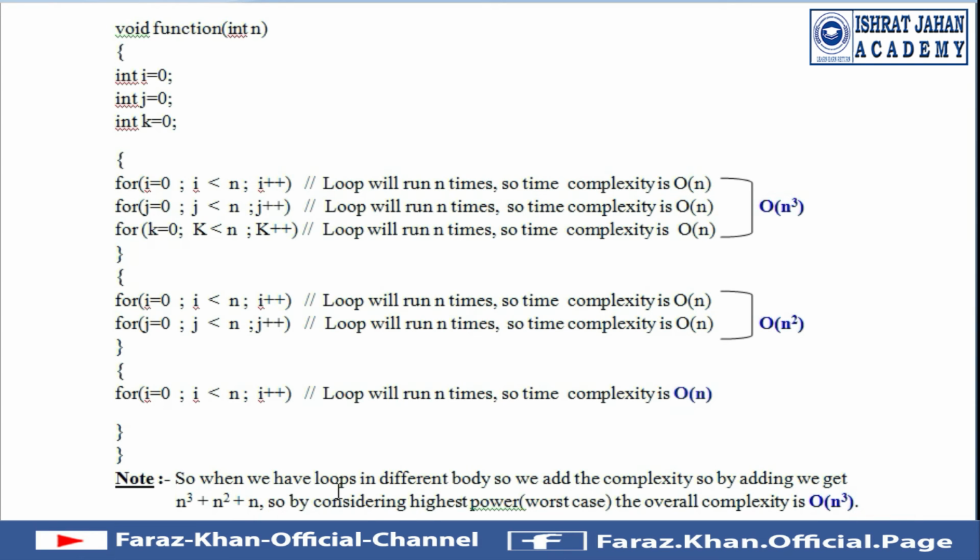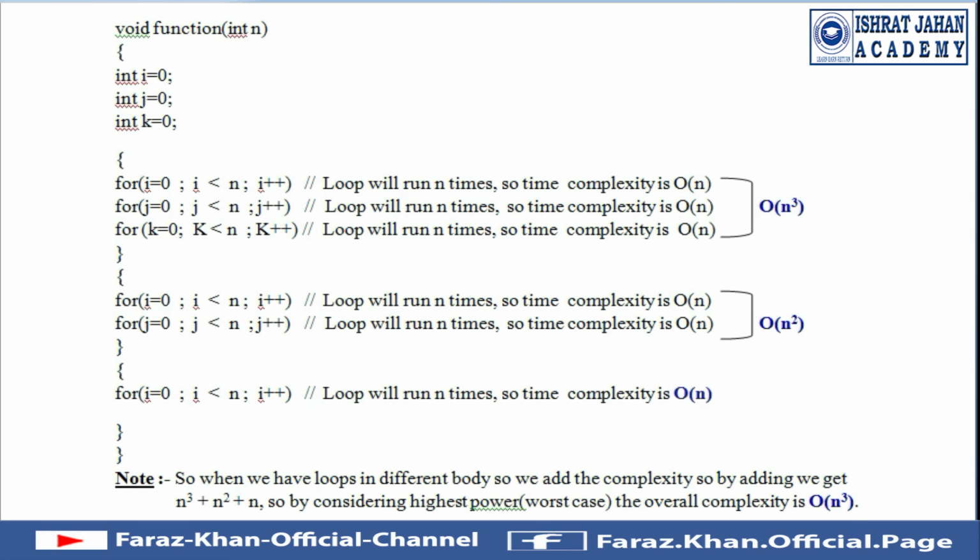Why should we take O(n cube)? We have discussed this point in lecture number 2. Whenever we have complexity in the form of an expression, we only care about the highest power. Why do we care about the highest power? Because the highest power represents the worst case.